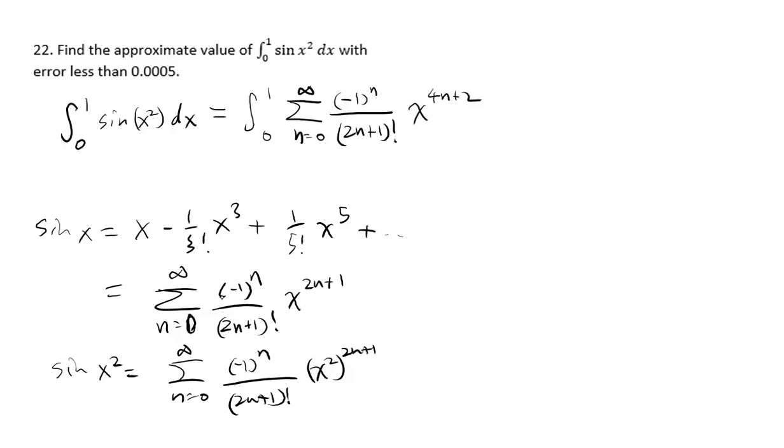Then you integrate this, and it's going to give you sigma n from 0 to infinity of negative 1 to the nth power over, you add 1 to the exponent and put the reciprocal in front, 4n plus 3, times 2n plus 1 factorial.